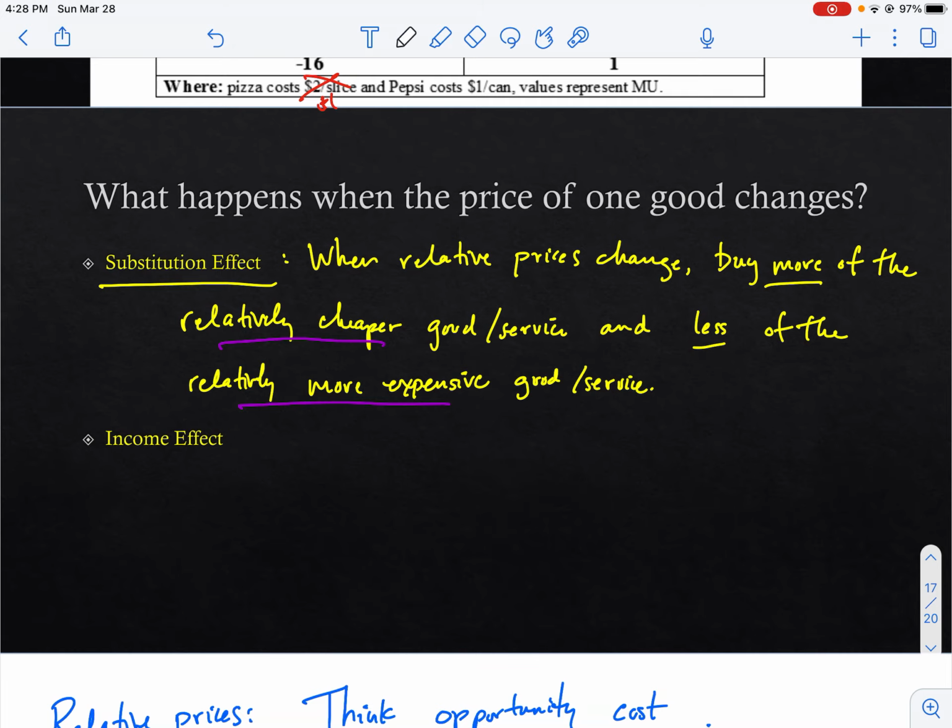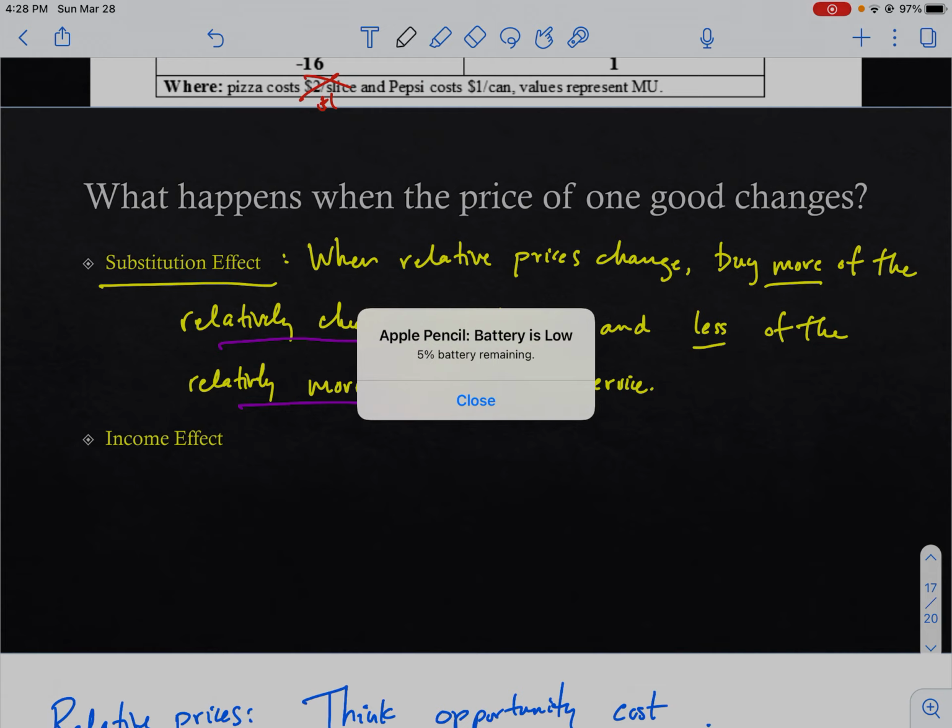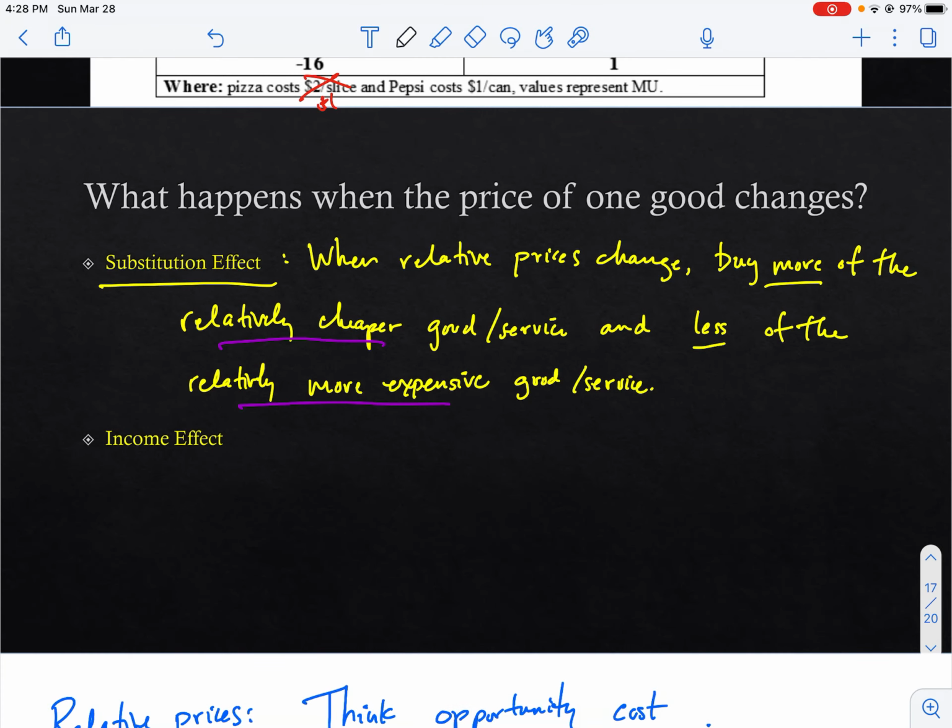All right, the income effect. The income effect has to do with the overall purchasing power or your effective wealth whenever the price of something you buy regularly changes. So if the price of something I buy goes down, now I'm going to leave a little room because I'm going to put in the other directional description as well.